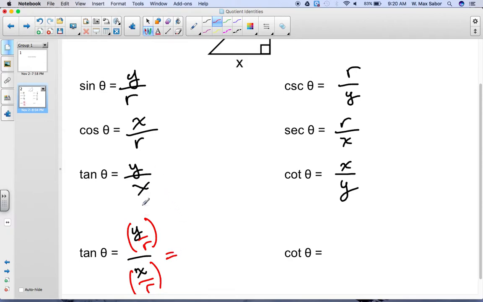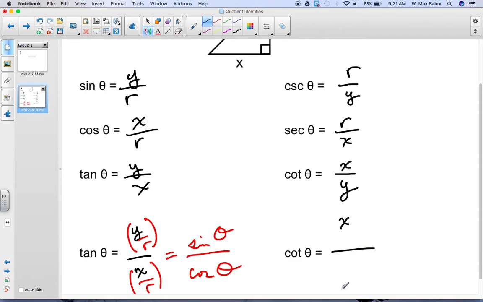Then what we end up getting is y over r is sine of theta and x over r is cosine of theta. Now this formula goes both ways. You can write tangent as sine over cosine, which you will do sometimes, and sometimes you'll write sine over cosine as tangent.